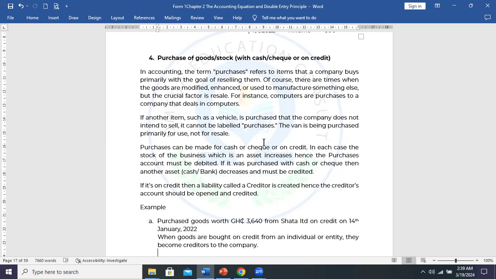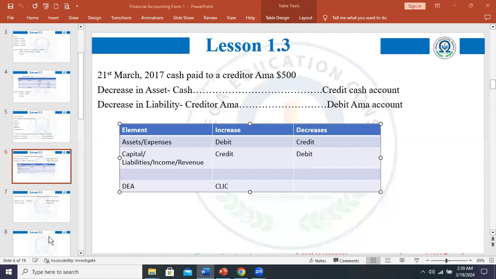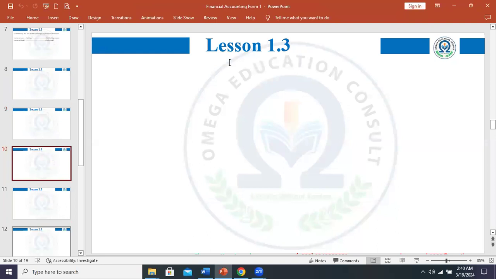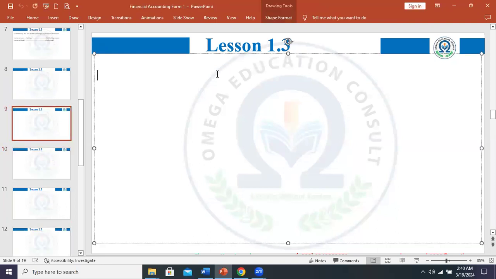So in that case, the business would see the supplier, the person from whom they bought the goods, as a creditor, which is the opposite of a debtor. So please pay attention and get these terms right. A debtor is somebody or a customer. Let me write these things down so that you can note them. So a debtor is a customer who owes the business.